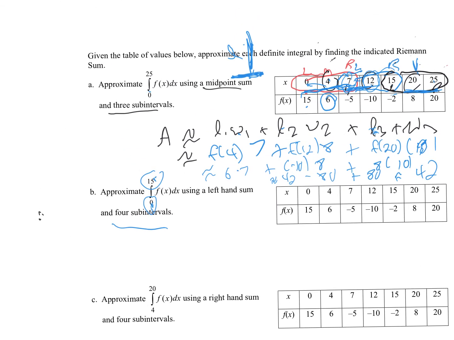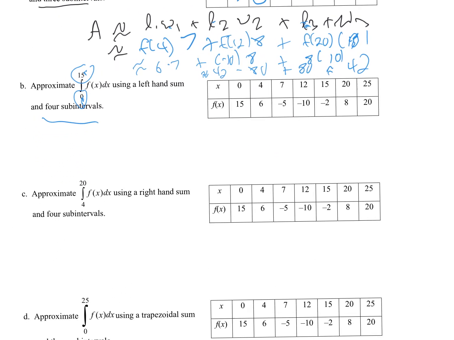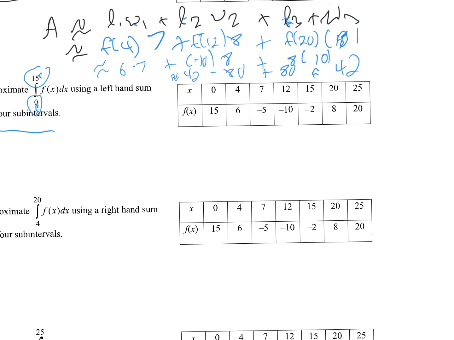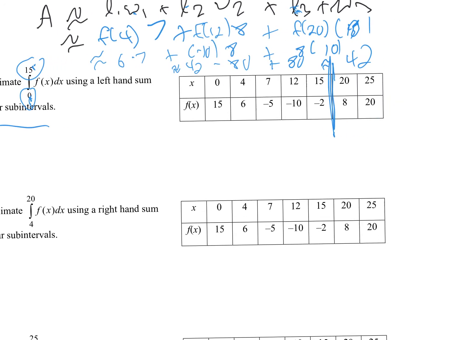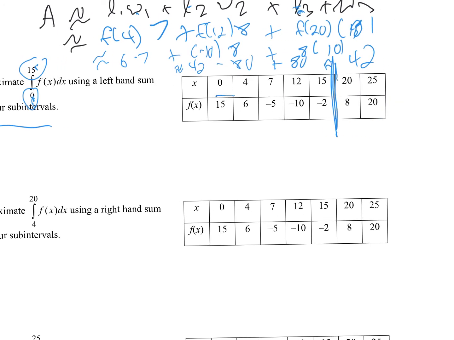The last one started at 0 and I went all the way to 25. So I'm stopping here. How am I going to get 4 out of there? Does it say 4? From 0 to 15? 1, 2, 3. Yeah, here it goes.